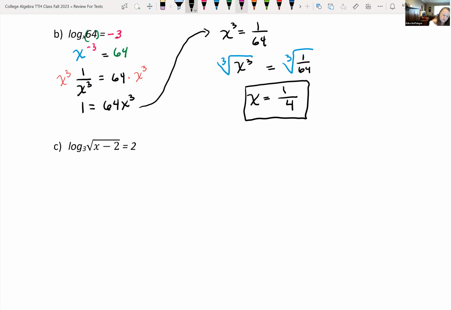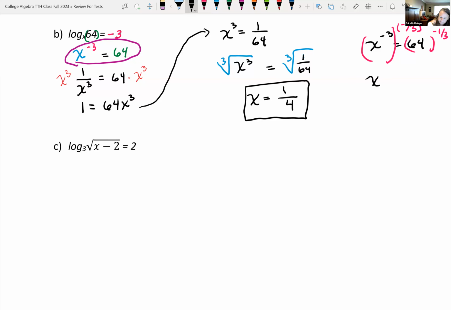I guess from this point right here, we could have approached it a little differently. If you remember, power to power is multiplication. We want this to be an exponent of 1, so I could have raised both sides to the negative 1/3 power. Negative 3 times negative 1/3 would give me my positive 1 exponent.